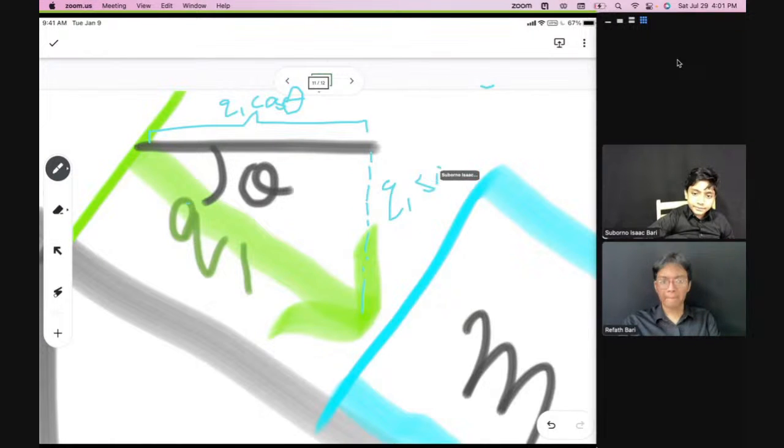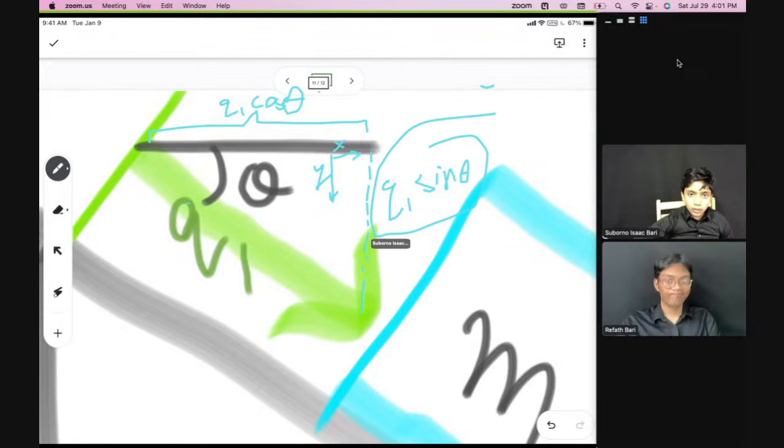And furthermore, he defined his y-coordinate as being what would be the conventionally negative y-axis. So this is his y-coordinate, this is his x-coordinate. So clearly his y-coordinate has to be Q1 sine theta. Was that a good enough explanation?